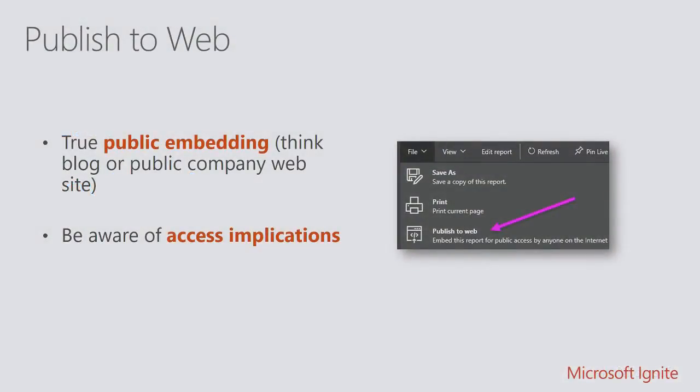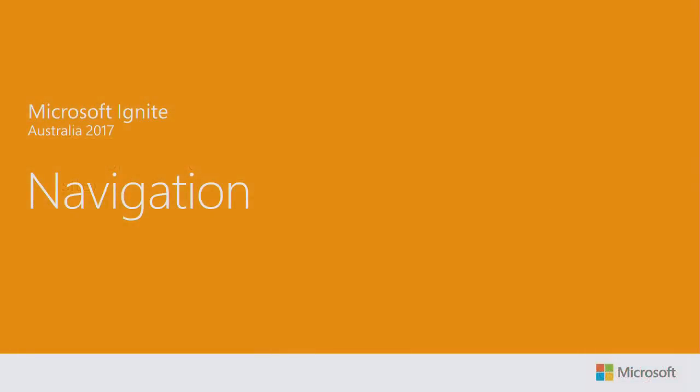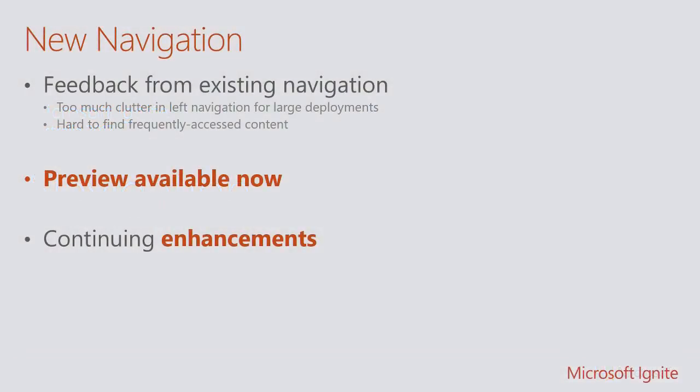Okay. So now we're going to take a little bit of a detour and talk about navigation in the Power BI service. The reason I talk about this is that there's a new navigation experience coming to the Power BI service, and it comes from feedback we've gotten about the existing navigation experience. I'm about to give a demo, so you'll see some of this in person.